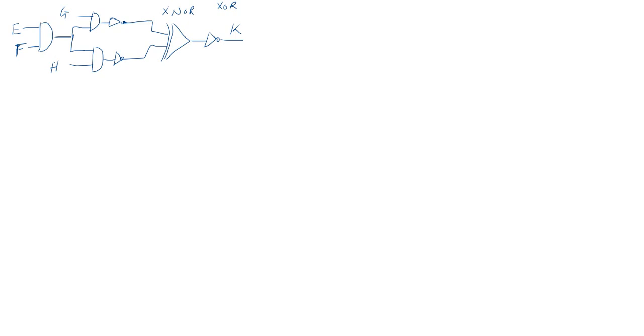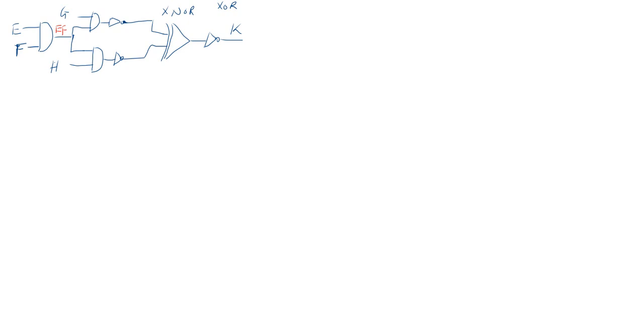So to draw the truth table, we have first to determine at the end of every gate what is the output. So this AND gate will give us EF as the output because we are doing logical multiplication.